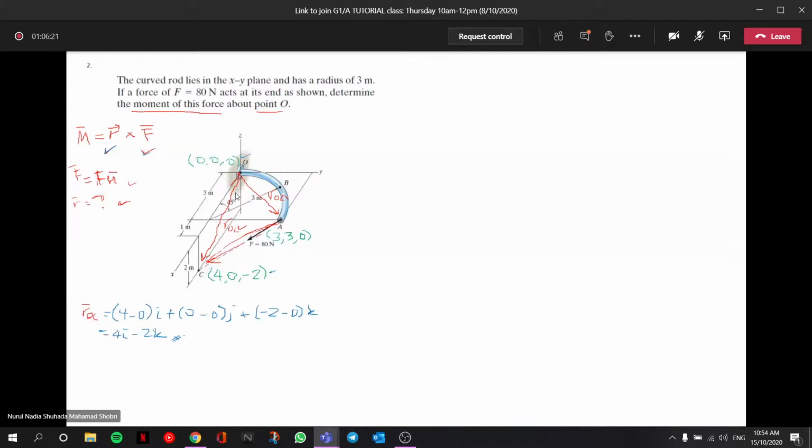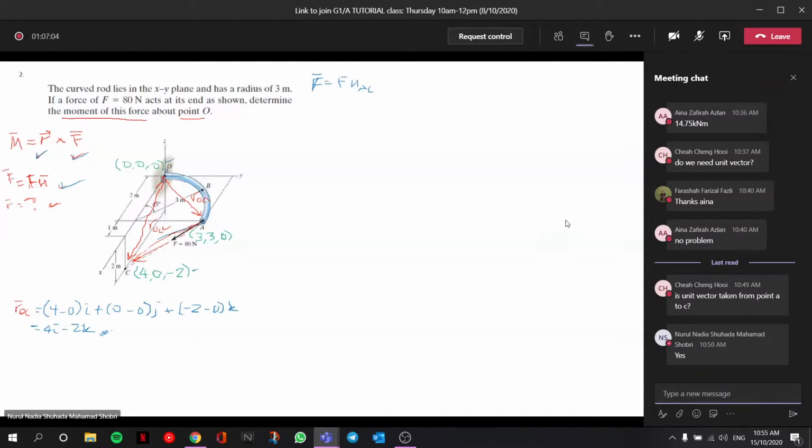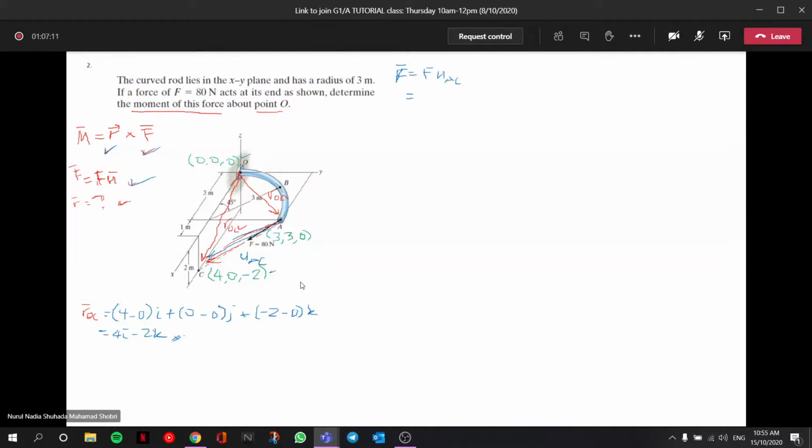For the f vector we will use this formula: F vector equal to F times u vector. Because the force is traveling along this line, the u vector should be uAC. And then the value of F is 80 Newton.